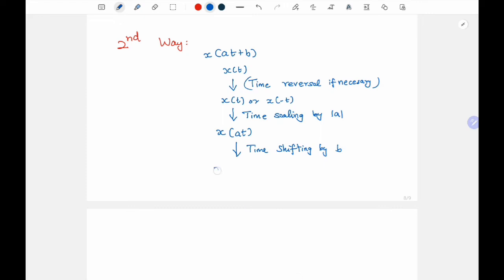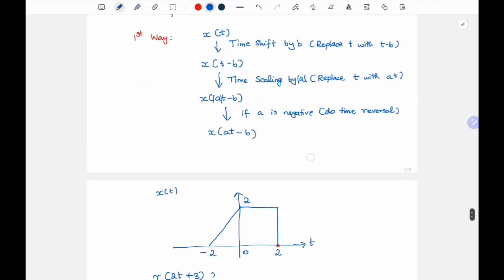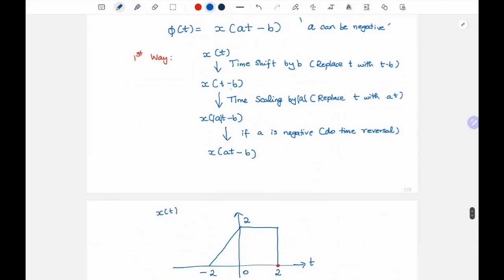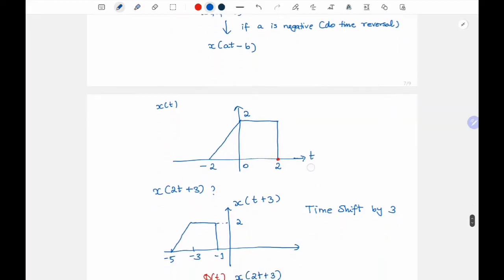So if you time shift by b, what will you get? Replacing t, it will be t minus b. Here it will be multiplication with a, because you are replacing t, which itself is multiplied by a. But in the previous case, you have b already present and you are just replacing t with at, right? That difference you should know.